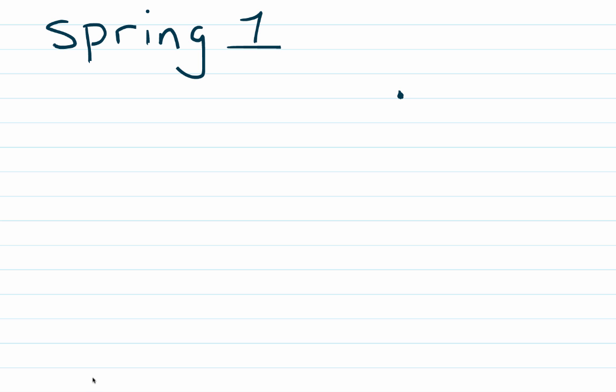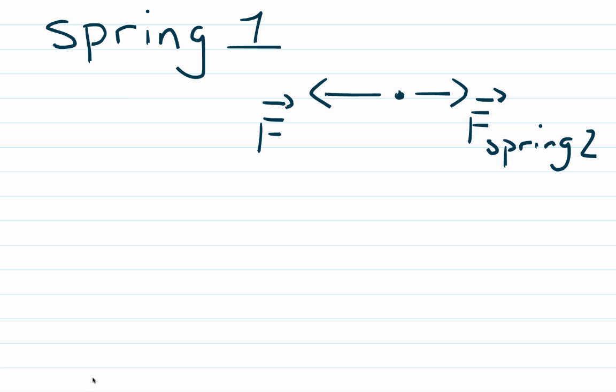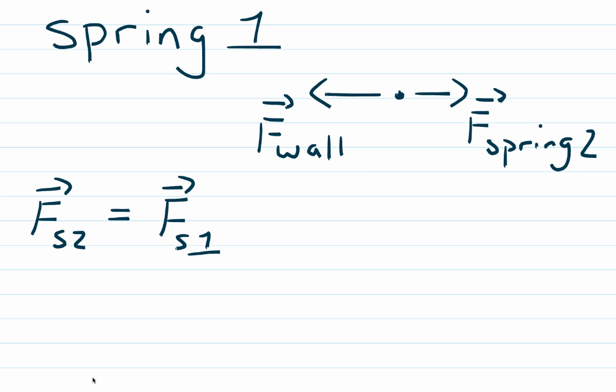Similarly, we can do the same for spring 1. Looking at our free body for this, we'll have a force to the right, that's the force due to spring 2, and a force to the left, which is the force of the wall. At equilibrium, these would also be equal. So then the force will be equal to K1 times X1.